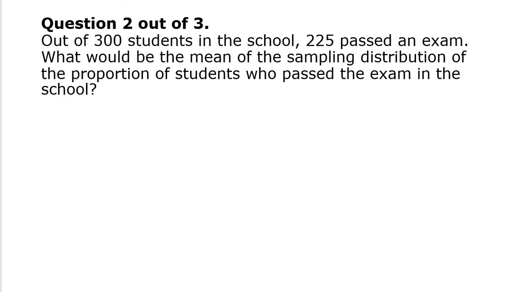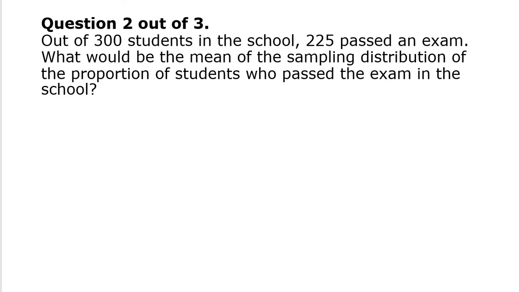The second question: out of 300 students in a school, so the population is 300, 225 passed an exam. What would be the mean of the sampling distribution of the proportion of students who passed the exam in the school? In other words, it's asking about the mean of the distribution of sample proportion. In this case, that is basically the population proportion.